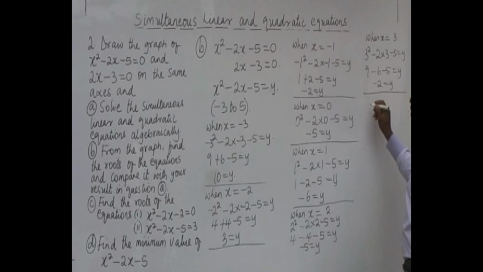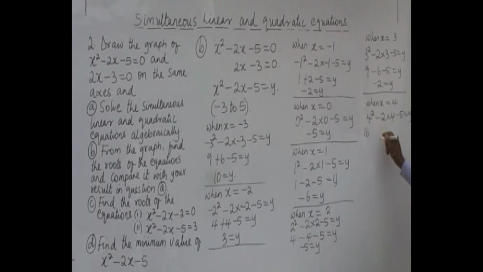The next is when x is 4. Begin to substitute the value of x to be 4 in the equation. Instead of x squared, we have 4 squared. Instead of minus 2x, we have minus 2 times 4. Then bring down minus 5 is equal to y. 4 squared is 16.